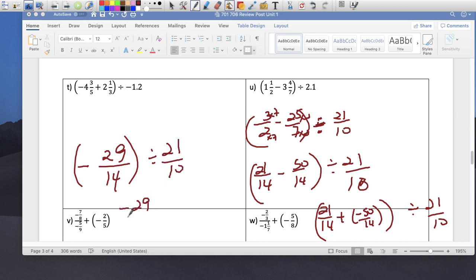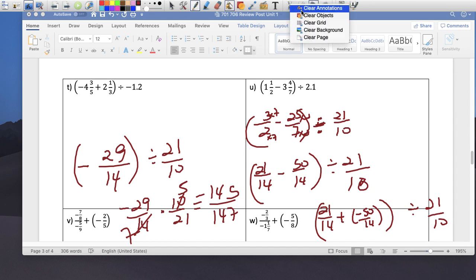Change to multiplication. Right, now I can divide this by 2, 7 divided by 2 is 5. 7 times 21 is 147. Negative 145 over 147.